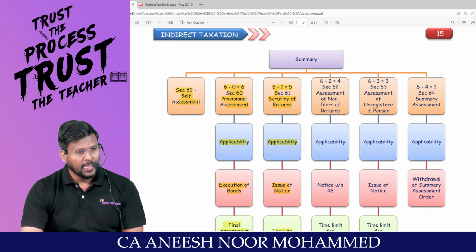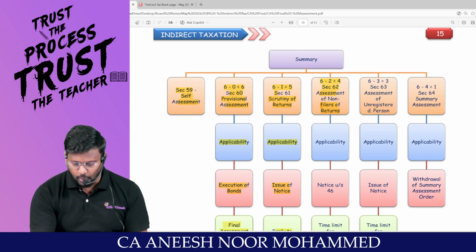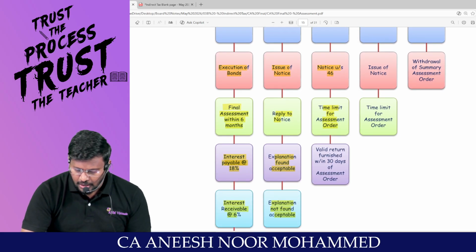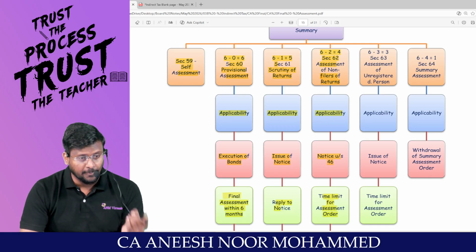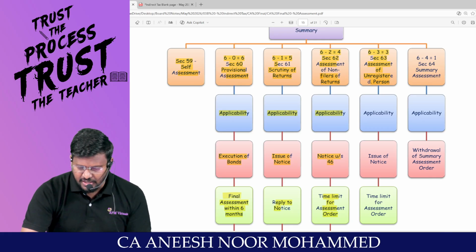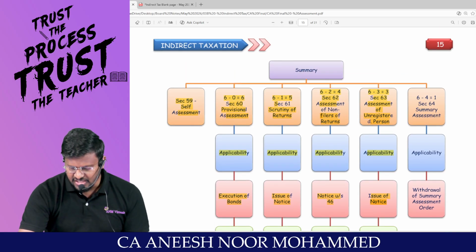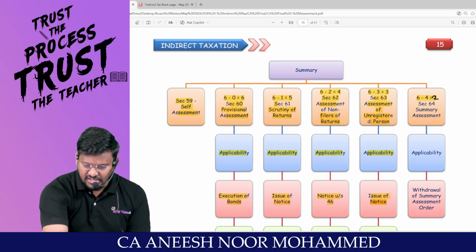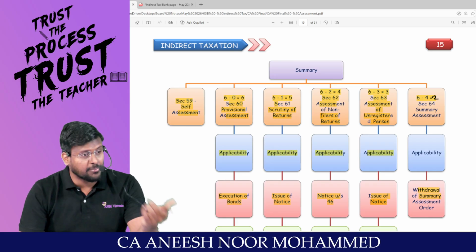Section 62, assessment of non-filers of return, 6 minus 2 is 4: applicability, notice under section 46, time limit for assessment order, and valid return furnished within 30 days of the assessment order, but that option will not be there in section 63, assessment of unregistered person, 6 minus 3 is 3: applicability, issue of notice, time limit for assessment order. Section 64, 6 minus 4 is 2, a 2-step approach: summary assessment, applicability and withdrawal of the summary assessment order.